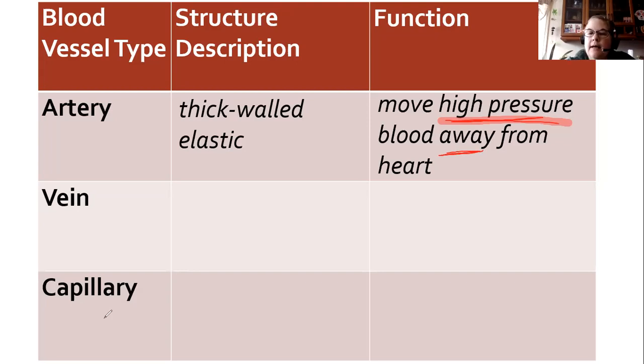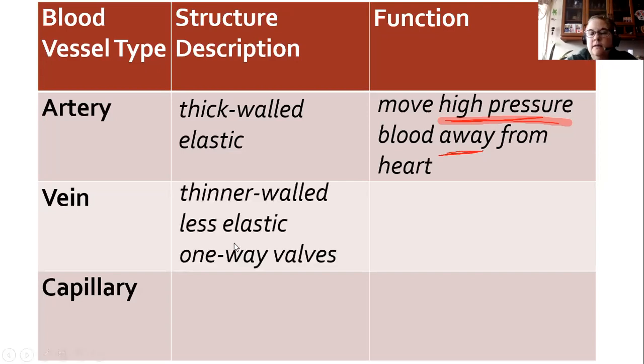Okay, what are some things I could say about describing a vein? Okay, veins have valves. Absolutely, I don't want to forget about that. So when I think about a vein, they're thinner walled than arteries, they're less elastic, and they have one-way valves.